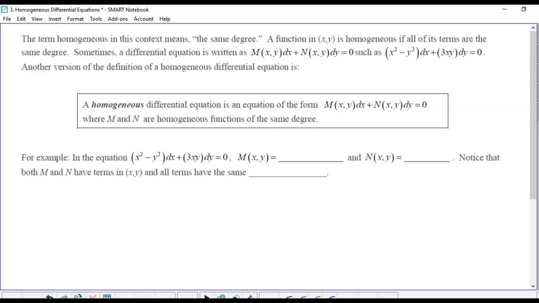Another version of the definition of a homogeneous differential equation is an equation of that form where M and N are homogeneous functions of the same degree. That's the biggest thing. Here M is x squared minus y squared, so degree 2. And this is 3xy, degree 2. So all terms have the same degree.